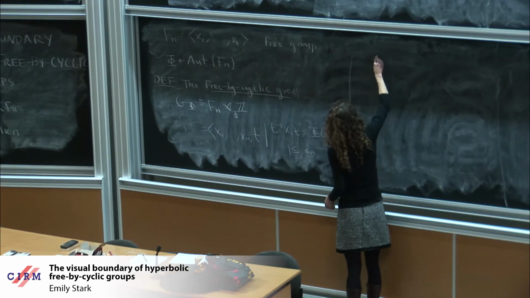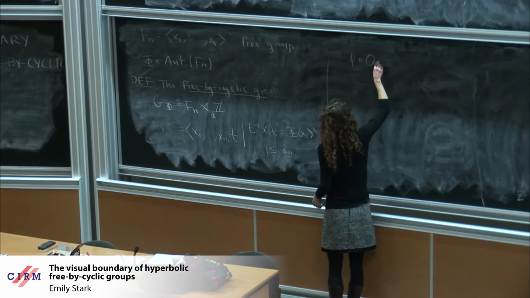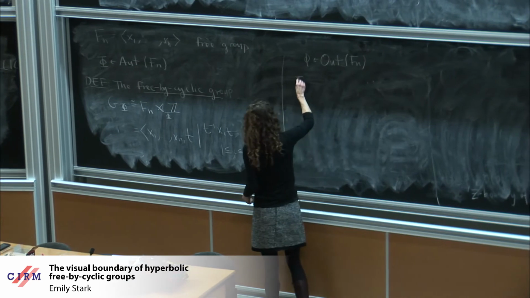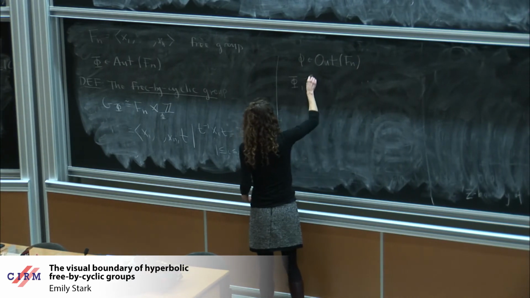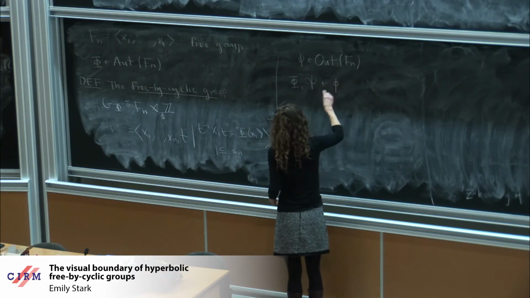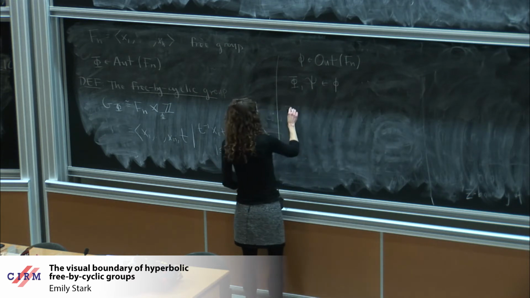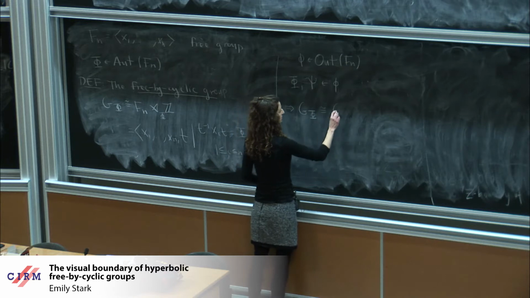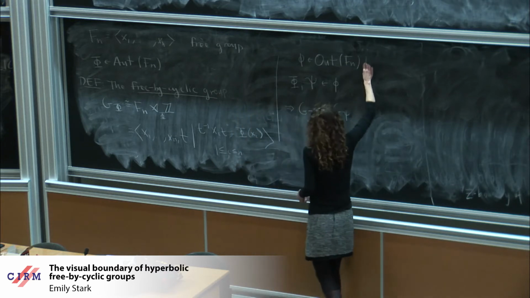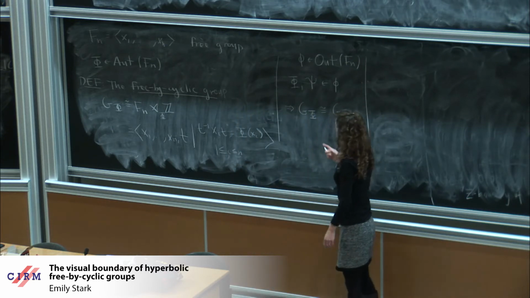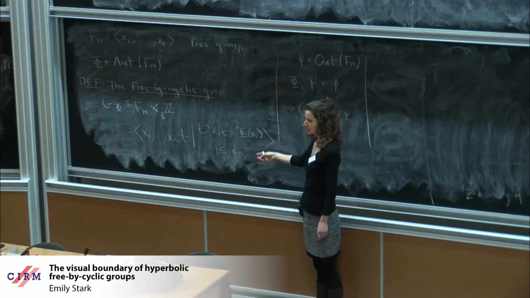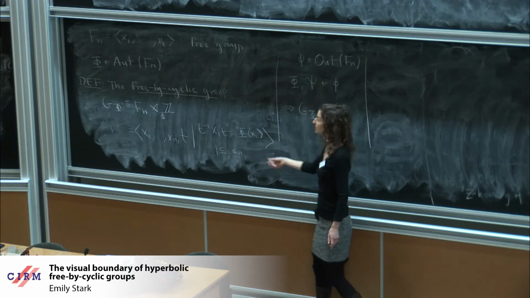So in fact, if little phi is an element of the outer automorphism group of the free group, and phi and psi are automorphisms in the class phi, then the free-by-cyclic groups G phi and G psi are isomorphic. In other words, you can define a free-by-cyclic group with respect to an outer automorphism, and to write a presentation, choose some automorphism in its class.